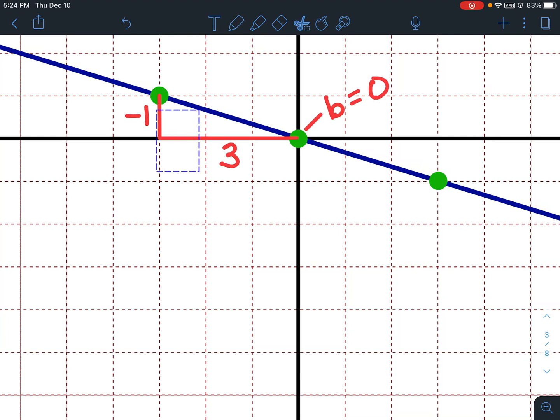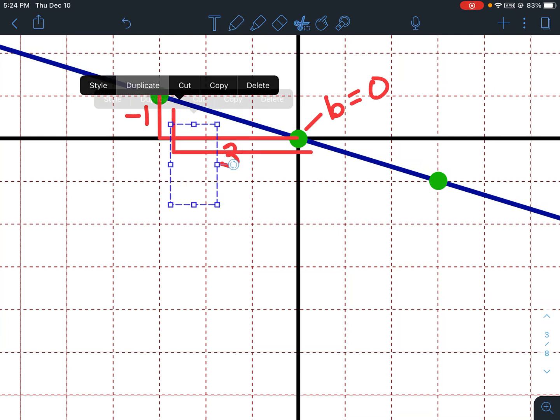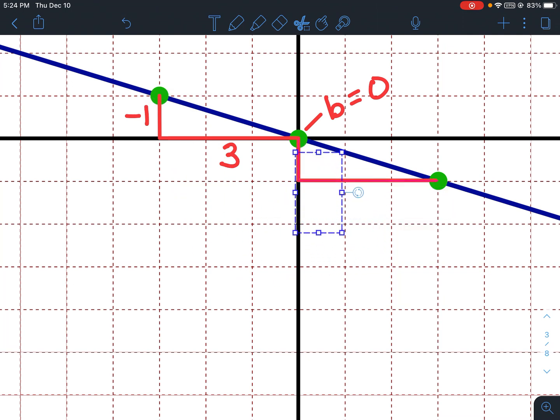Now notice if I take these 2 lines, copy and paste them, don't I get this exact same thing right there? Sure do. Down 1 over 3. So it doesn't matter which 2 points you pick. I would pick the 2 closest points and then simplify the fraction. So pick one of the 2 and go with it.